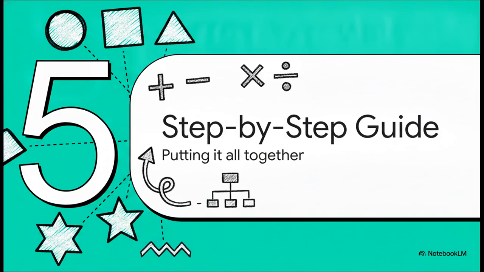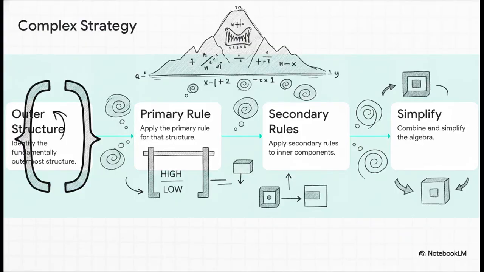Finally, let's wrap up with section 5, step-by-step derivative guide, putting it all together. When you're staring down a giant calculus problem, panic is the enemy. A great rule of thumb when dealing with massive rational functions that combine a bunch of different rules is to apply your differentiation rules in the reverse order of how you would evaluate the function algebraically.